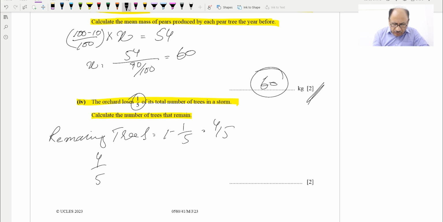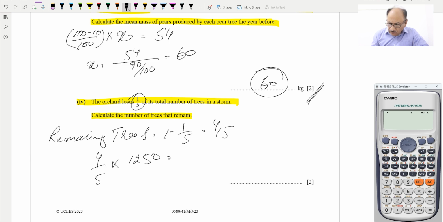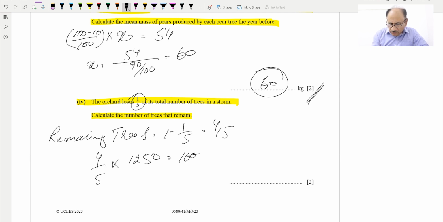So 4 by 5 of the total trees, which is 1250, will be remaining, and we can calculate 4 over 5 of the total. So 1000 trees will be remaining. 1000 trees will be our answer for 2 marks.